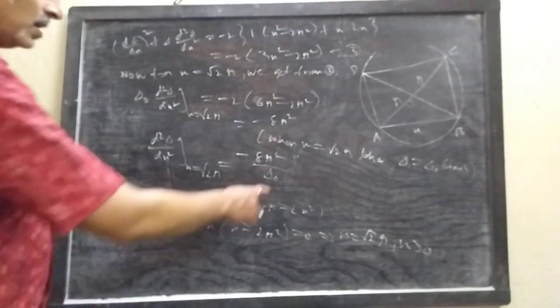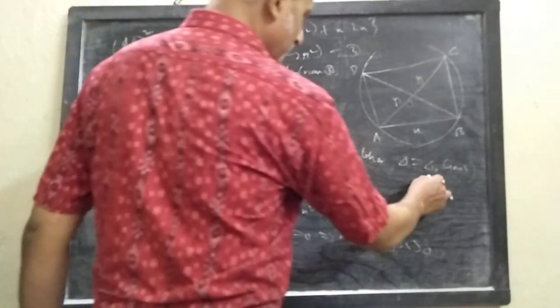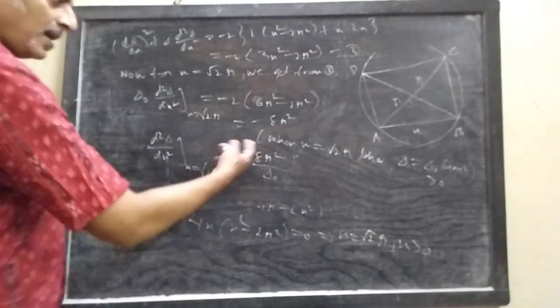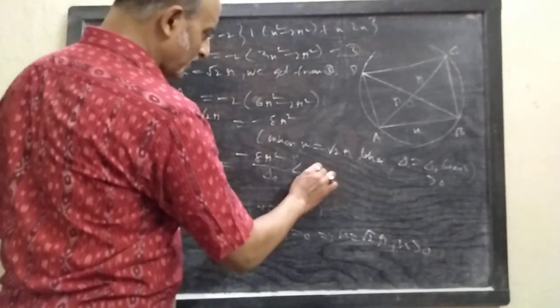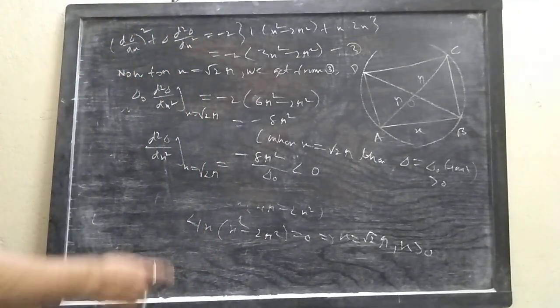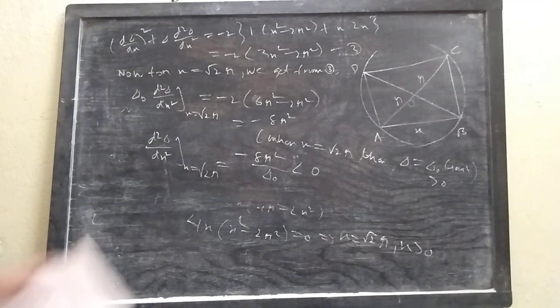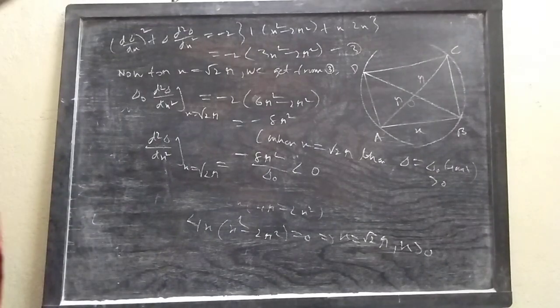Now look, this delta 0 must be greater than 0, it is an area, and 8R square is positive, so we ultimately write this is less than 0. So we can conclude that delta is maximum for x equals root 2 R.